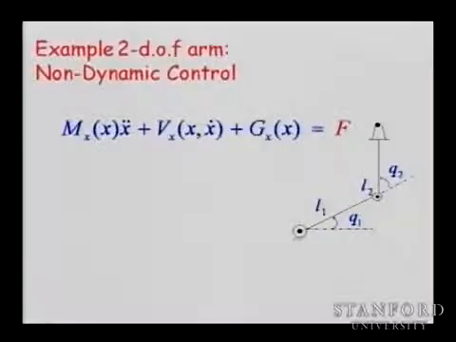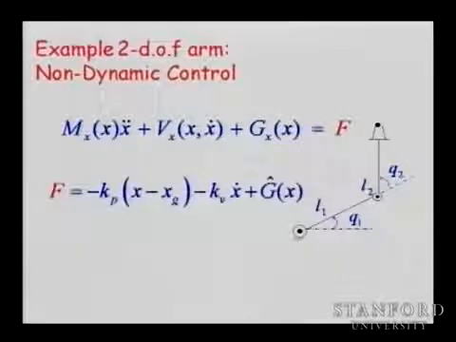Let's take our 2 degrees of freedom and now treat them with this controller. This is the dynamics. Let's write the controller. So are you following so far? Here is the dynamics in operational space. This is your controller.